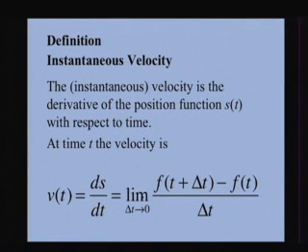The instantaneous velocity is the derivative of the position function s of t with respect to time. At time t, the velocity is v of t equals ds dt, which equals the limit as delta t goes to 0 of f of t plus delta t minus f of t, all divided by delta t.